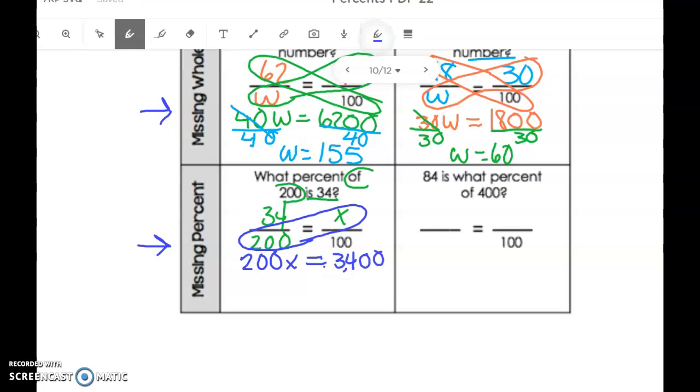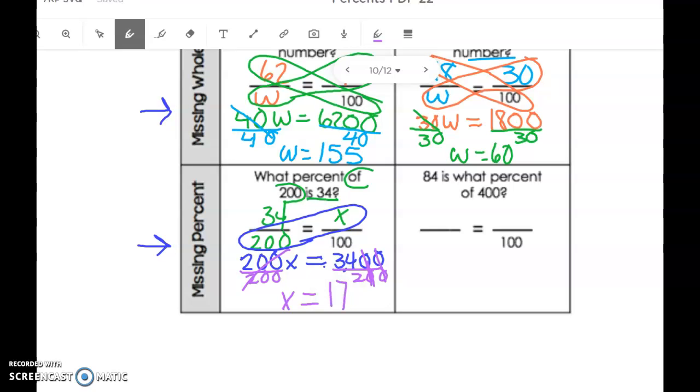And my final step, I need to divide to get X by itself. So goodbye 200 over here and goodbye 200 over here. X is equal to, if you ignore the zeros, 34 divided by 2, which is just going to be 17.